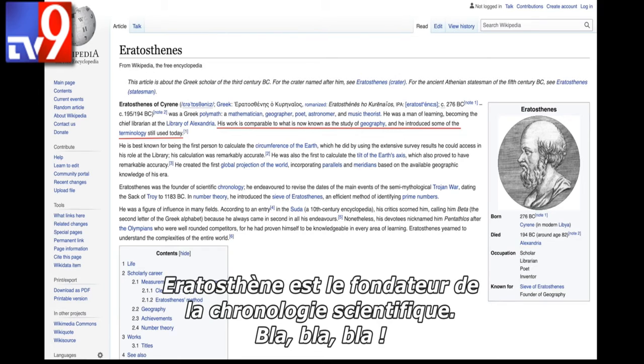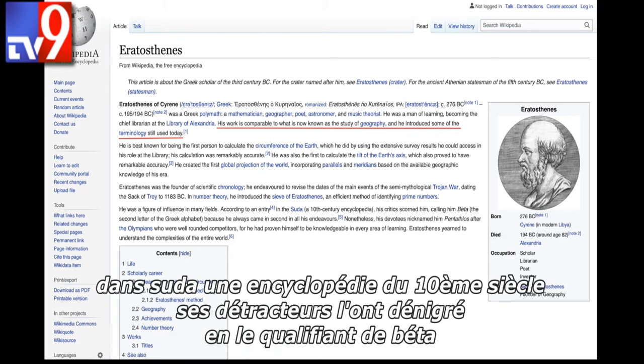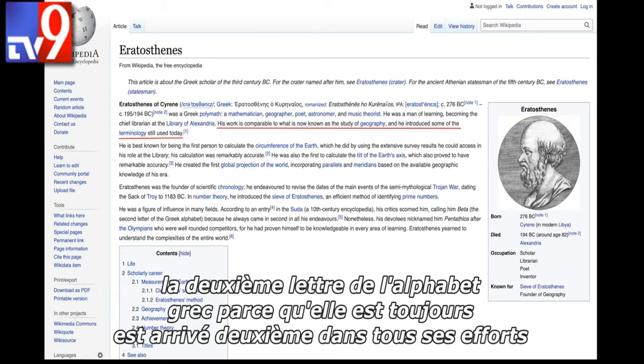Eratosthenes was the founder of scientific chronology, yada, yada, yada. Look at the bottom paragraph. I thought that was funny. He was a figure of influence in many fields. According to an entry in Suda, a 10th century encyclopedia, his critics scorned him, calling him Beta, the second letter of the Greek alphabet, because he always came in second in all his endeavors.